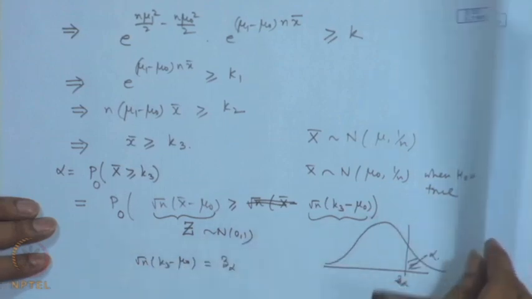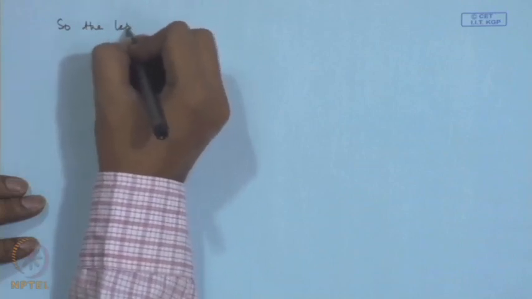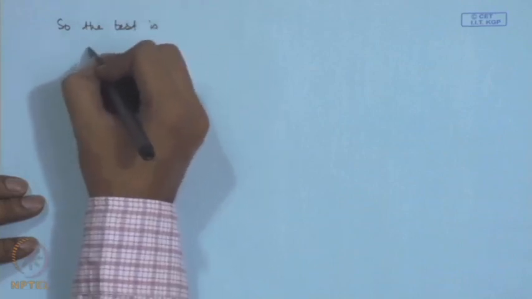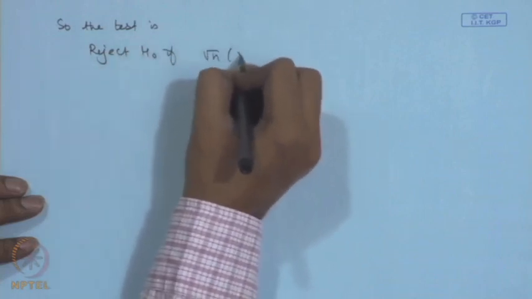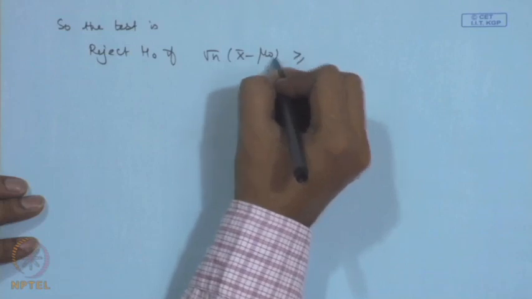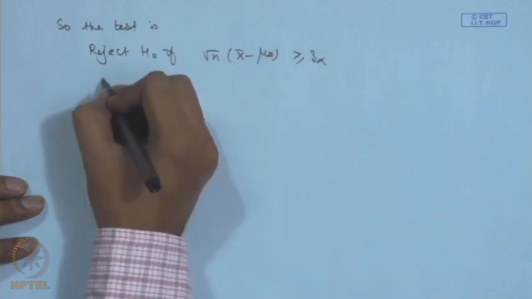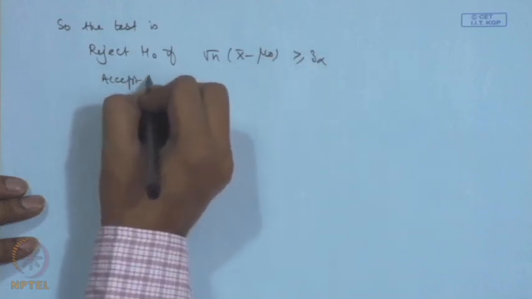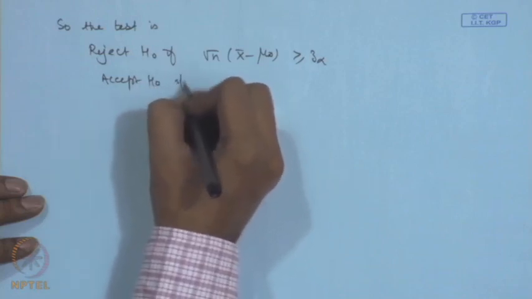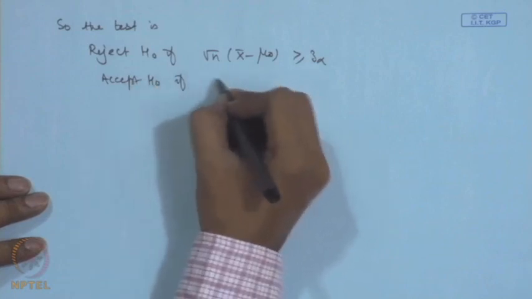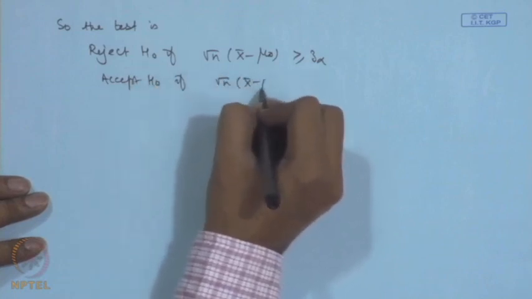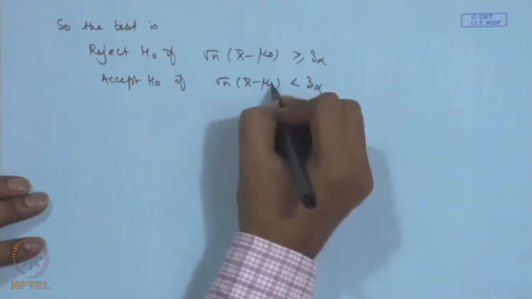So, the test is reducing to: reject h naught if root n x bar minus mu naught is greater than or equal to z alpha, and accept h naught, or you can say reject h 1, or do not reject h naught, if root n x bar minus mu naught is less than z alpha.